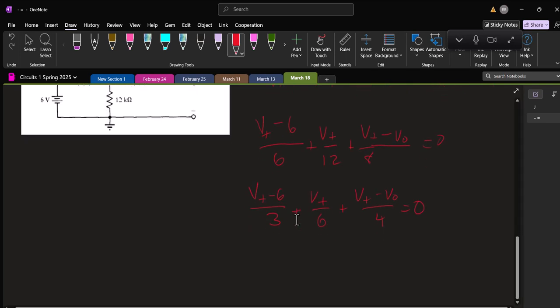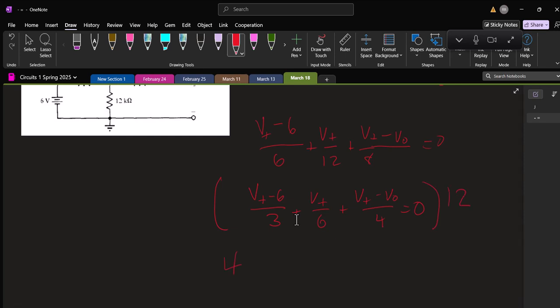Okay, so now I'll multiply through by the common denominator, which is 12, and I get 4V plus minus 24 plus 2V plus plus 3V plus minus 3V out equals 0.